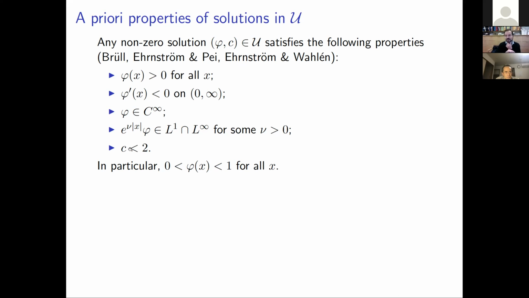So the wave speed cannot go off to infinity. And because we're assuming that phi is bounded by C over 2, if you combine that with this, it proves that the solution is a priori bounded between 0 and 1. So also the L-infinity norm of the solution cannot go to infinity.